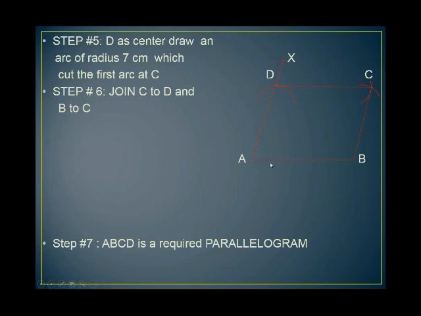After that, taking the same measurement of AB and D as a center, we draw another arc which cuts the previous arc at a point which we name C. Now we join C to D and C to B. And that's how ABCD is the required parallelogram.